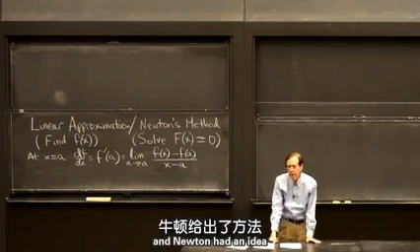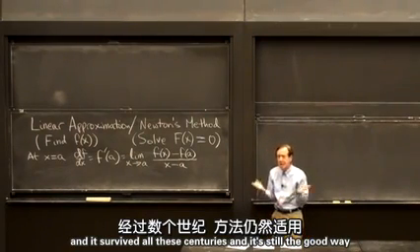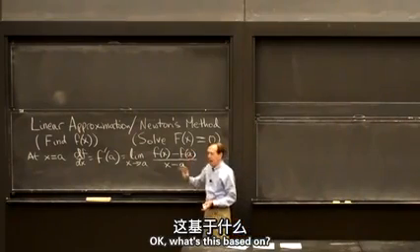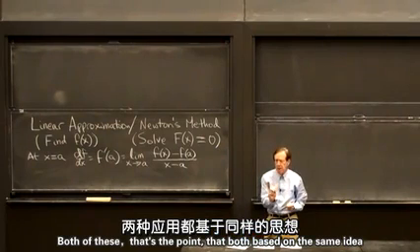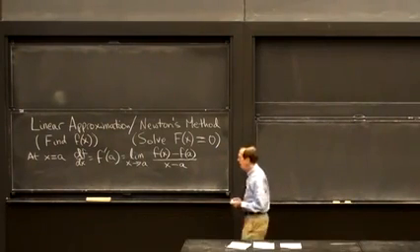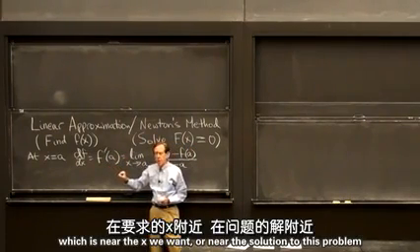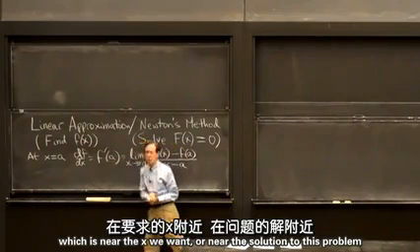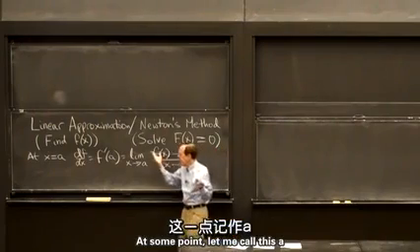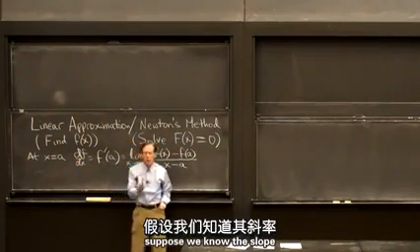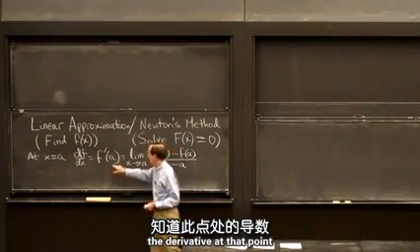And Newton had an idea, and it's survived all these centuries, and it's still the good way. Okay, what's this based on? Both of them. That's the point. They're both based on the same idea: suppose at a point which is near the x we want, or near the solution to this problem, at some point, let me call it a, we know the slope, the derivative, at that point.